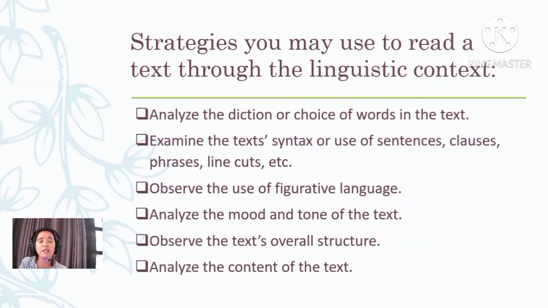It depends. That's why you need to look into the words that the author used in the text. It can be in a poem, in fiction, or in a narrative one.